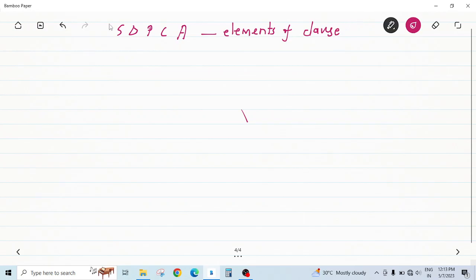Now if SCL is part of a clause, definitely it can function as either of these elements. Now for example, let's take example.